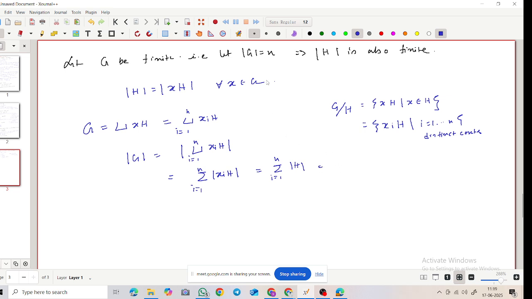Mod G was taken to be n, but these two n are not the same, so let's write it as m. Thus you have m times mod H, and mod H is mod G by m, I mean mod G by mod H.